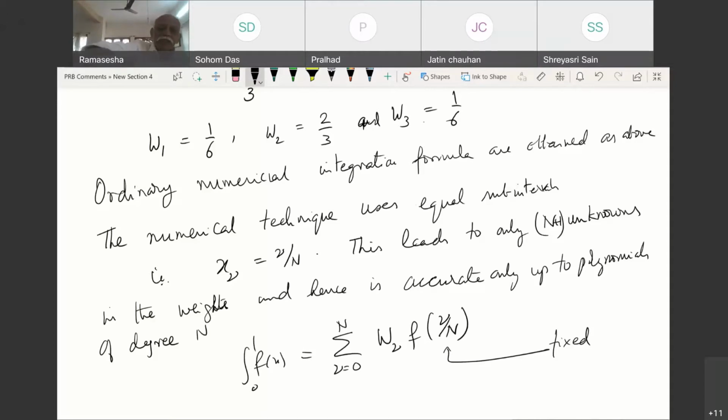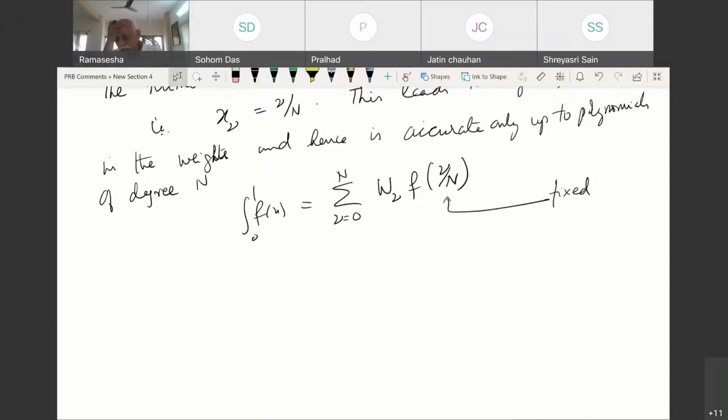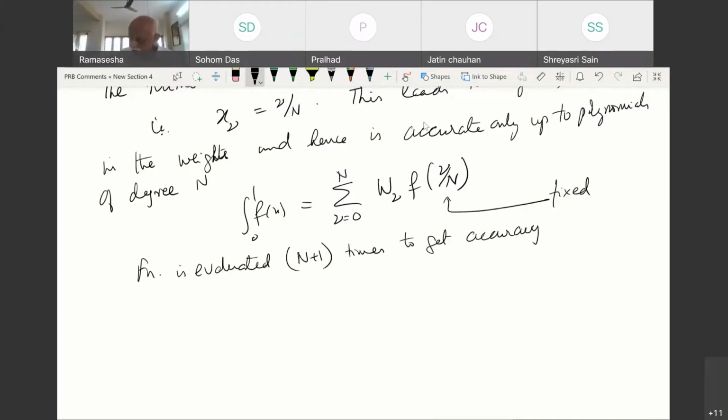It depends on how many times you have to evaluate the function for a given accuracy. Here the function is evaluated n plus 1 times to get exactness, let me say.